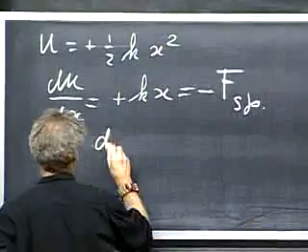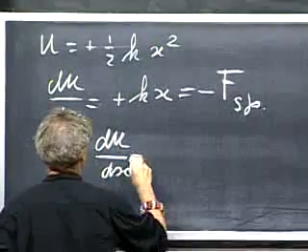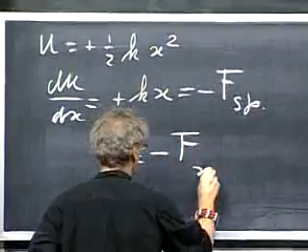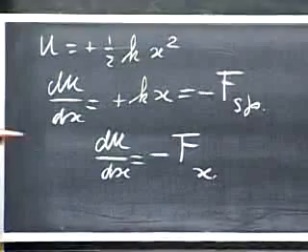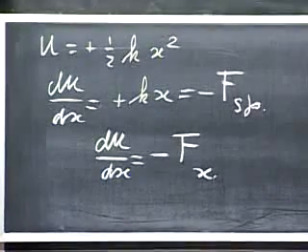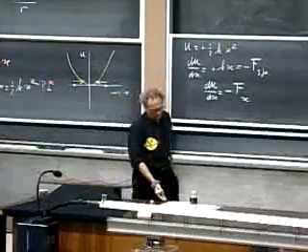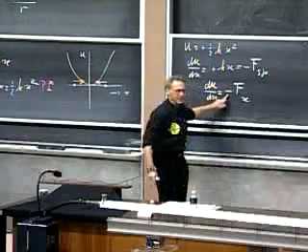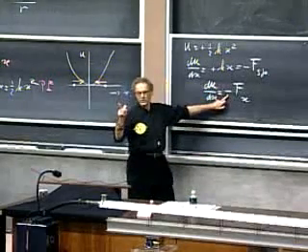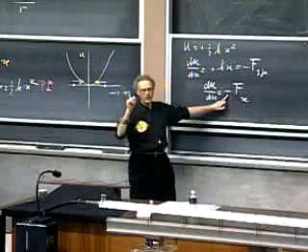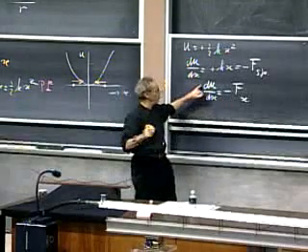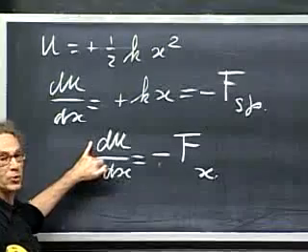So we have that dU/dx equals minus Fx, and I put the x there because it's a one-dimensional problem. It is only in the x direction. The minus sign is telling you that the force is always pointing in the direction which is opposite to increasing values of the potential energy.